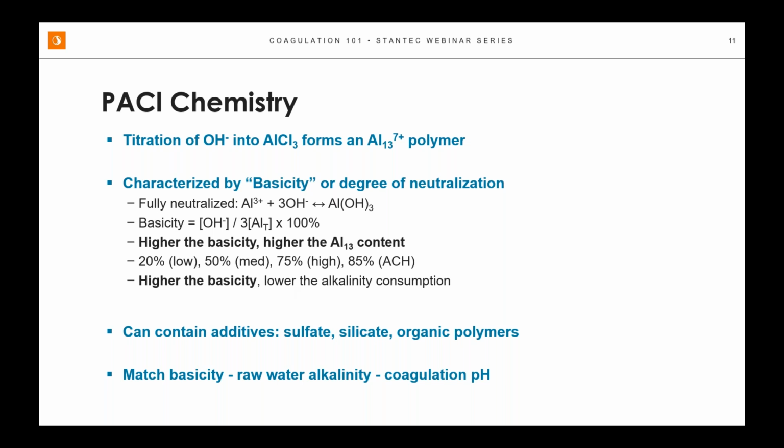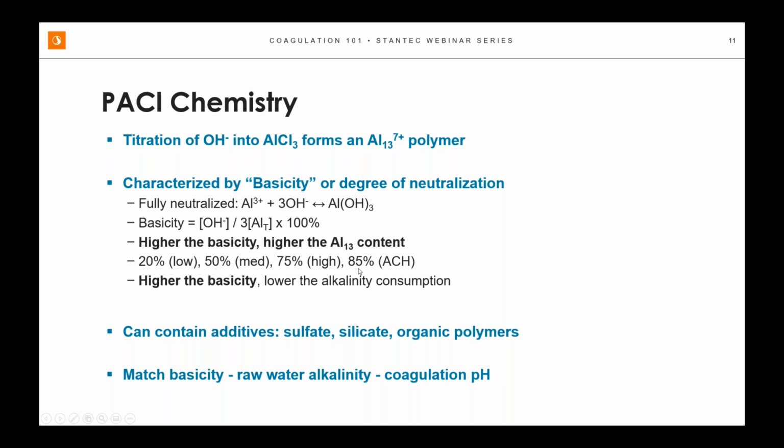So alum is a pretty effective acid. It drops the pH quite nicely. But these, because they're pre-neutralized and have had some caustic, drop the alkalinity less. So commercially, 20% is generally considered low, 40 to 50% is considered medium, and 75 plus or minus is considered a high basicity product.